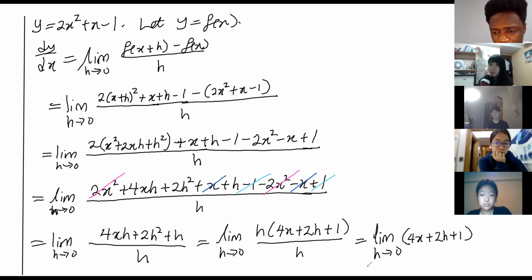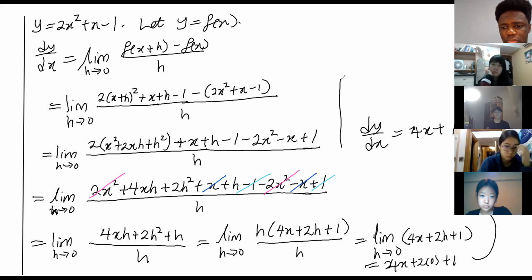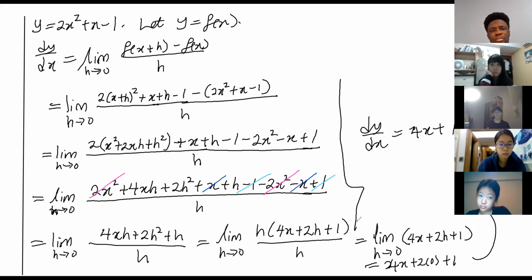Now this is just direct substitution, 4x plus 2 times 0 plus 1. So finally, your answer dy by dx is simply 4x plus 1. Does that make sense?